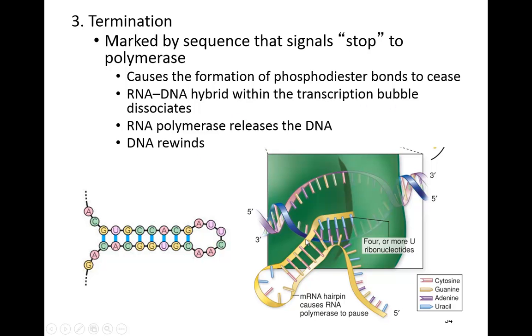So the RNA starts falling off the DNA, the RNA polymerase lets the DNA go, and the DNA coils back up. The RNA produces a hairpin where you have binding of base pairs across the RNA, and that's what causes the polymerase to pause and let it go.